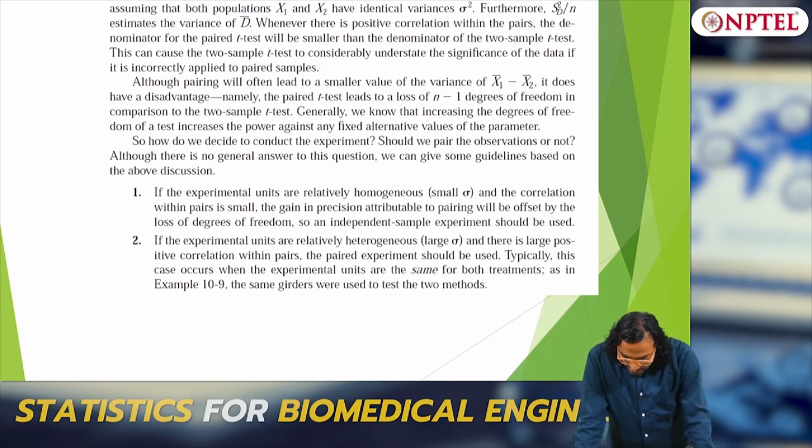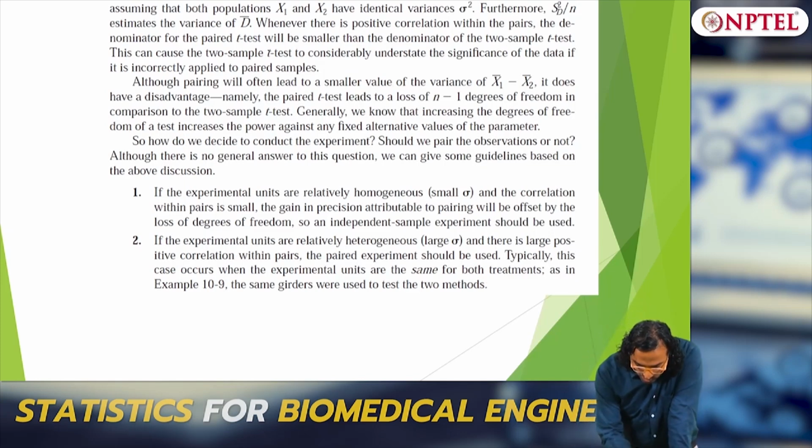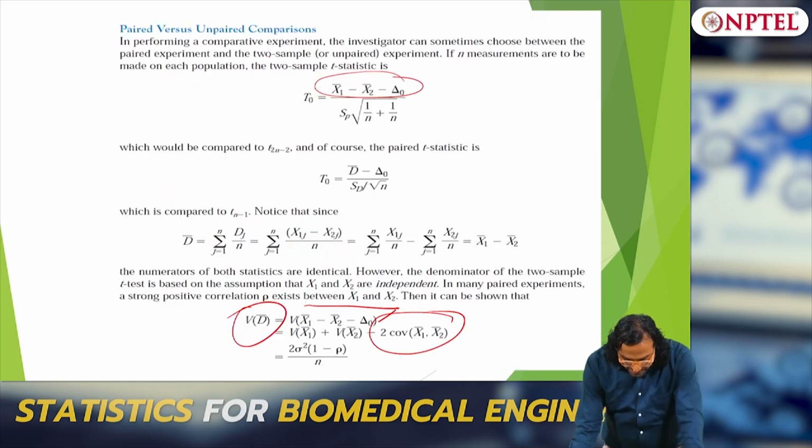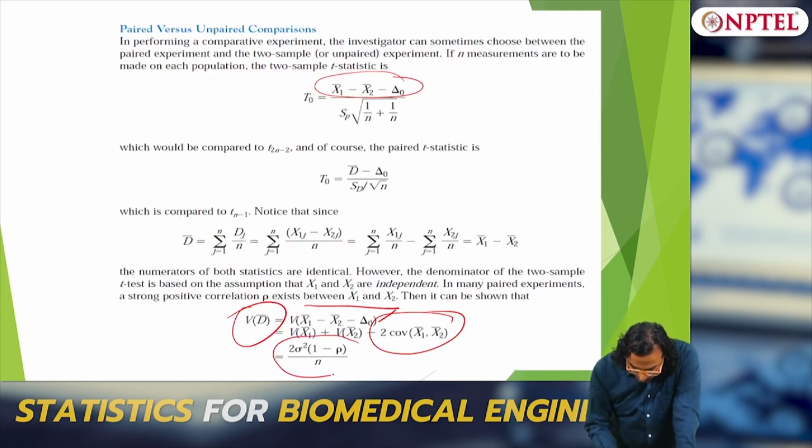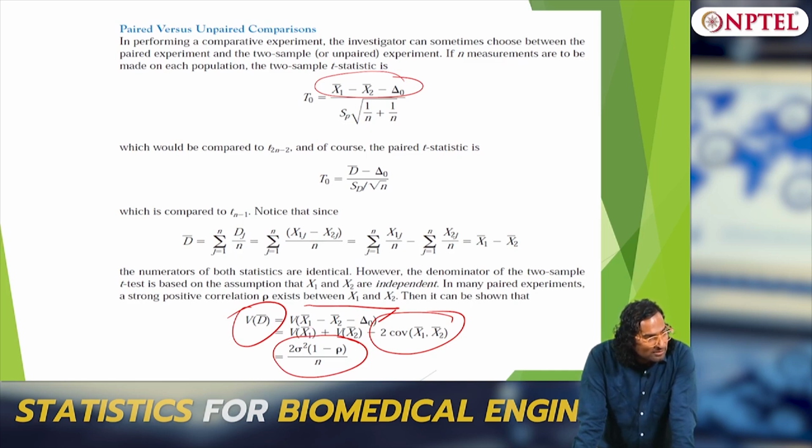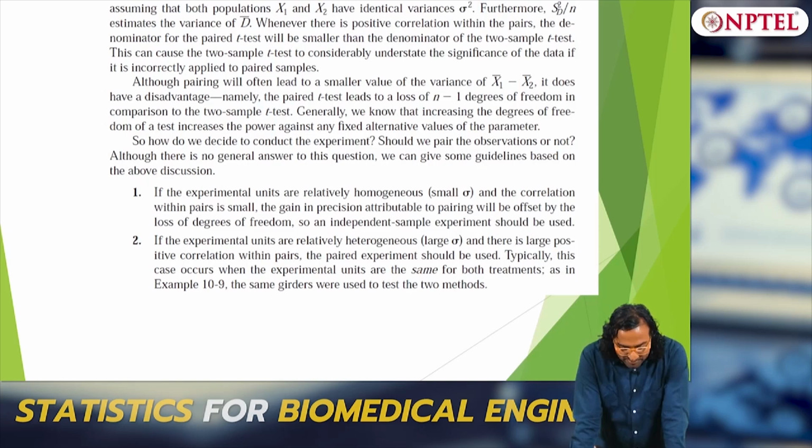Okay. So although pairing will lead to a smaller, so what happens is the overall variance, does it increase or come down? The variance reduces. That is actually a good thing or a bad thing?